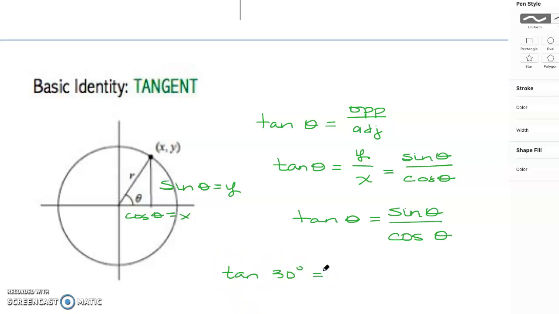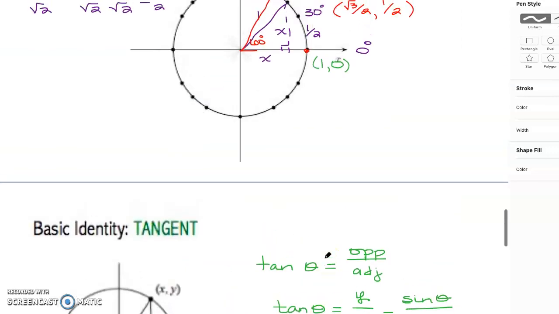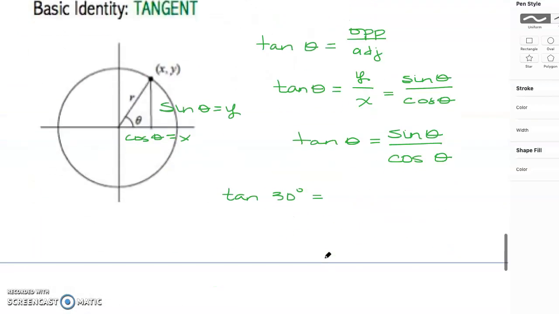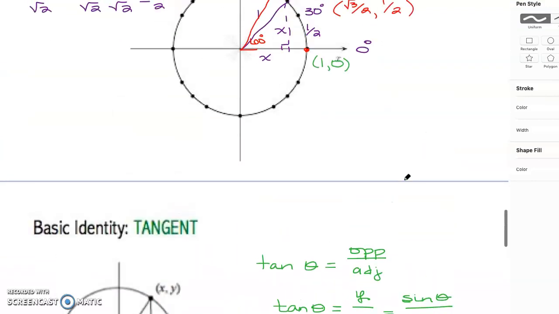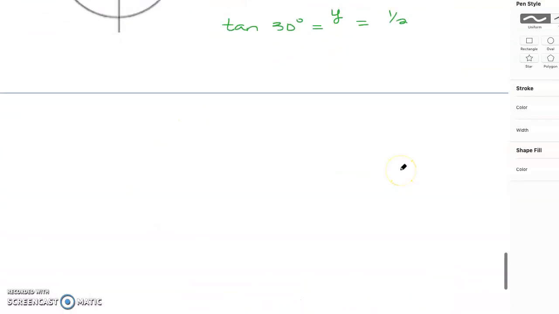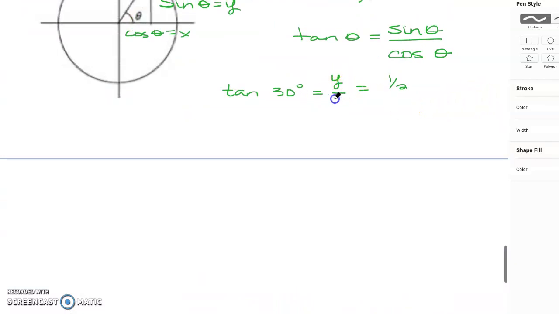Well, from our previous problem, we know that at 30 degrees, our sine, which is our y value, is equal to 1/2. And we know that our cosine value, which is x, is equal to radical 3 over 2.